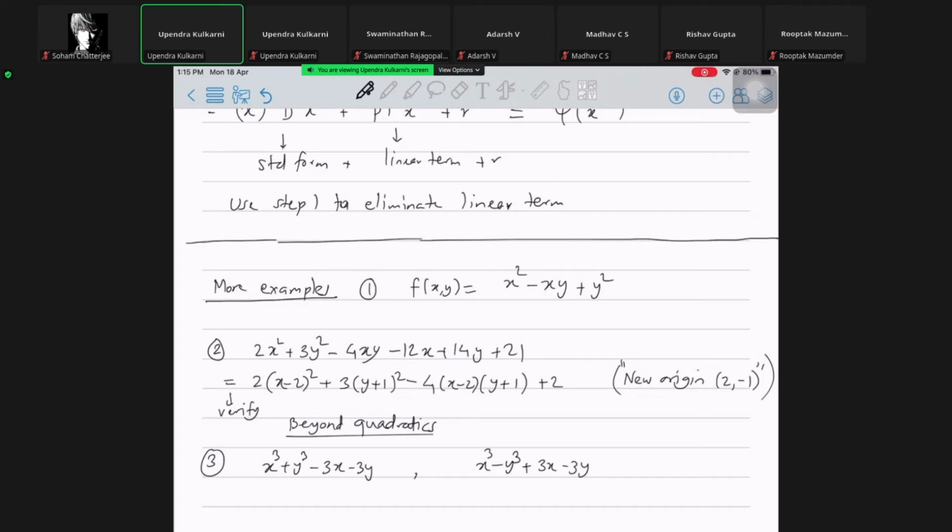Once you get those critical points, find the Hessian matrix at those points and see whether it's positive definite, negative definite or indefinite, and accordingly classify it as local max, min or a saddle point, assuming that the Hessian is non-singular, which I think it is going to be in all of these cases. Okay, got it, sir. Thank you.